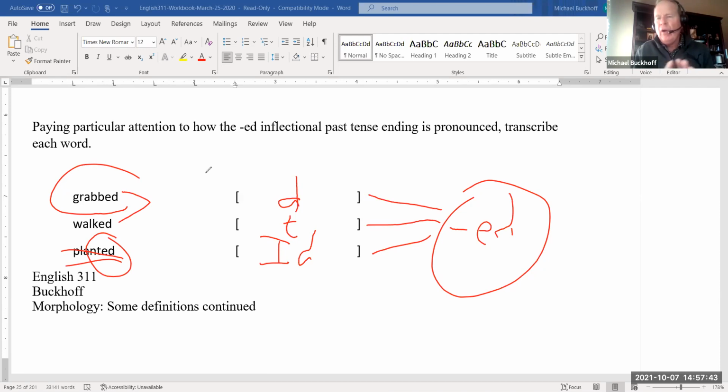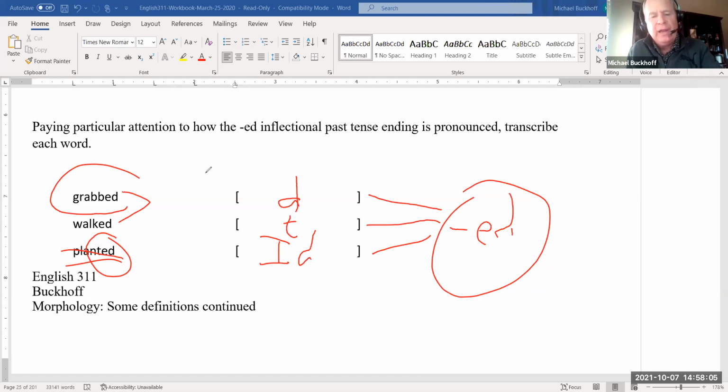Now, what phonology does, which is helpful, phonology answers a question, well, why is the ED pronounced as a D? Or why is the ED pronounced as a T? Or why does it have an additional syllable? So phonology would answer that and it would say, well, the D comes after what's called a voiced consonant, or the T comes after a voiceless consonant.